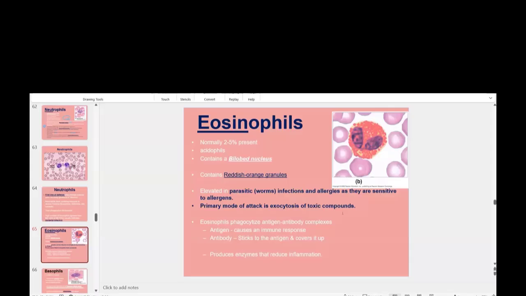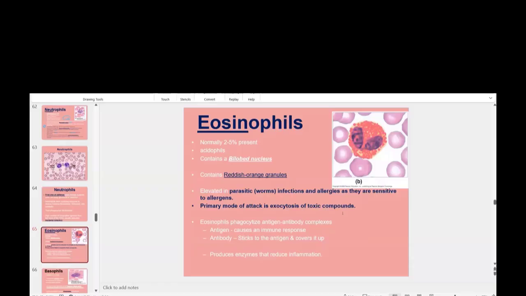So what especially happens is, suppose a parasite has entered into your body, like a roundworm or a hookworm infection. Maybe you ate some food in a restaurant which is not cooked well. So that's the way the worms will enter into your body. Immediately your eosinophils number will increase.